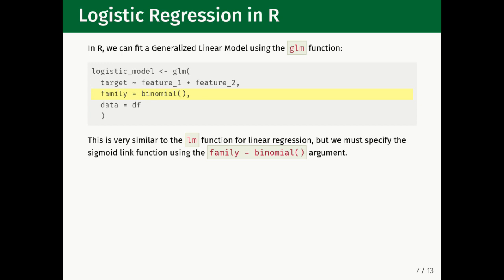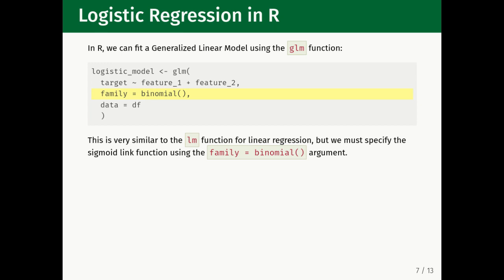An important difference, however, is that we need to specify what kind of link function to use in the generalized linear model. We want to predict a binomial variable, so we use a binomial function, which we specify using the family parameter. And it's pretty much that simple.